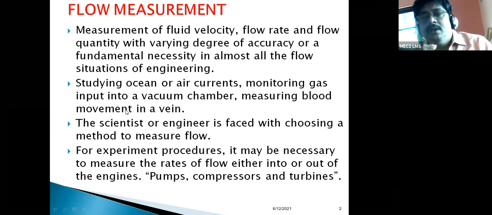For example, the water is flowing into the tank. That much quantity is discharging from that particular section. That is nothing but the discharge.